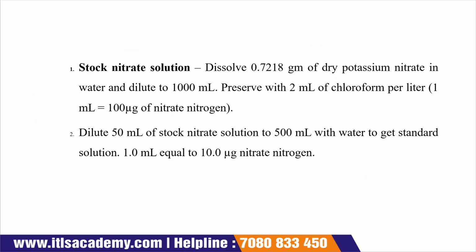The next reagent that we require is the stock nitrate solution. For this, we require dry potassium nitrate. How we dry it, we already discussed: we put it into a hot air oven for 2 hours, then it will be dry.